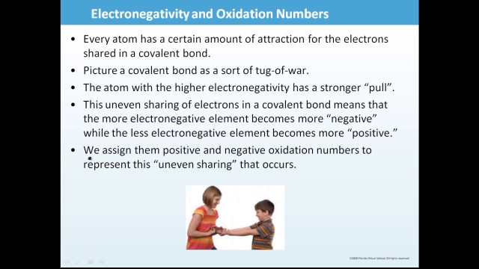We give the more electronegative one the negative oxidation number, and we give the less electronegative one the positive oxidation number. Now it's important to know that oxidation numbers are not necessarily the charge of the ions, because again we're talking about covalent bonds here. It's just a label that we use to help distinguish which one is the more electronegative and which one is taking the electrons versus which one is giving up the electrons.